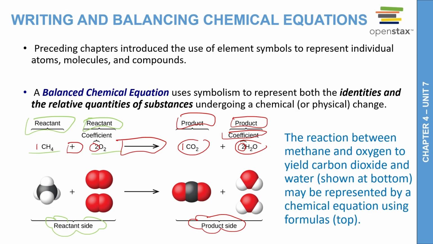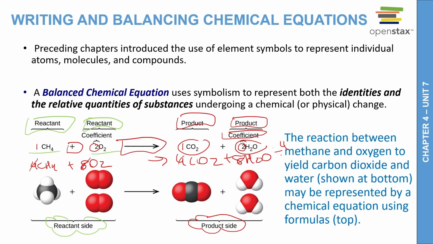When I say the smallest number, I mean, imagine if you have 4CH4 plus 8O2 giving 4CO2 plus 8H2O. I can have it smaller if I divide all the numbers by a common factor. If I divide all by 4, what I'm going to have is 1, 2, 1, 2, the smallest numbers.